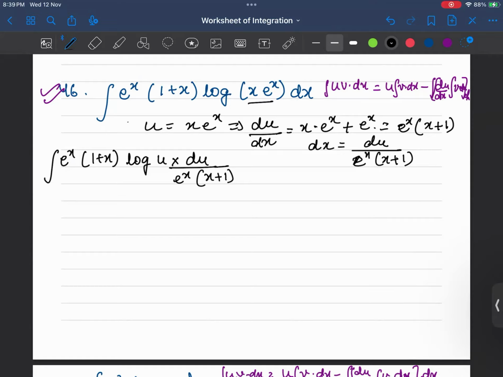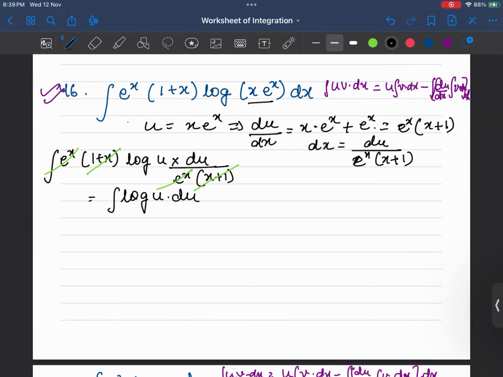I think it's clear. You will see 1 plus x is cutting, we can cut. We are left with log u du.